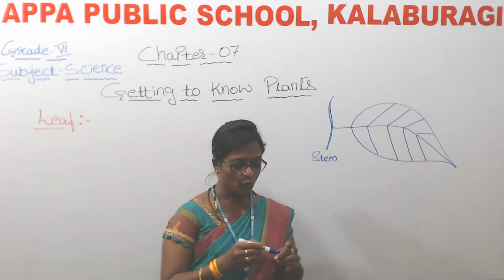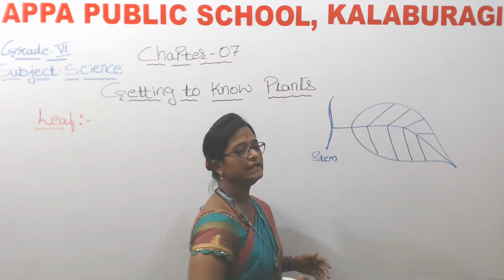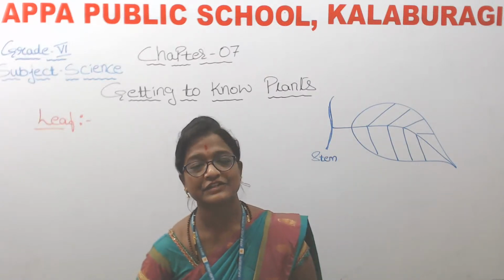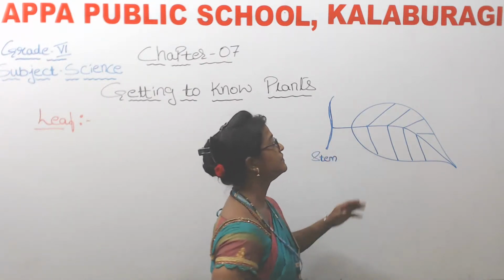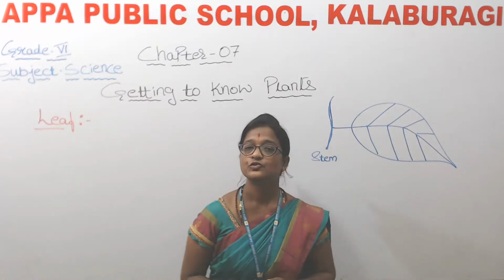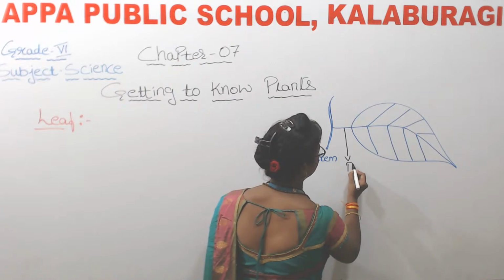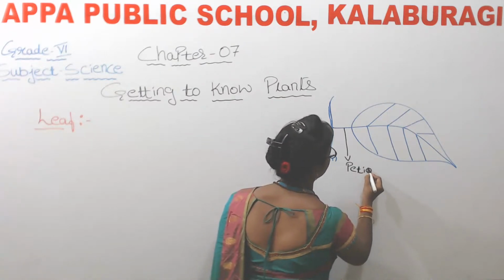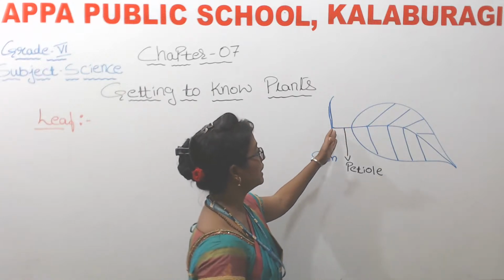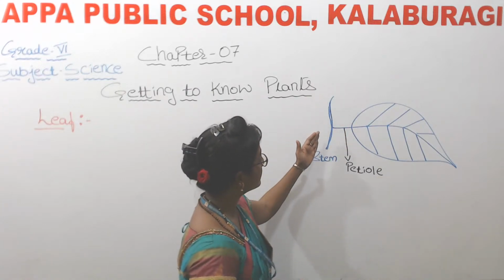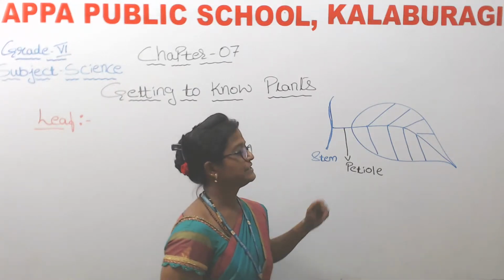Now what do we call the part of a leaf which is attached to the stem? Yes, children, this is the part of a leaf which is attached to the stem. What do we call this part? Petiole.